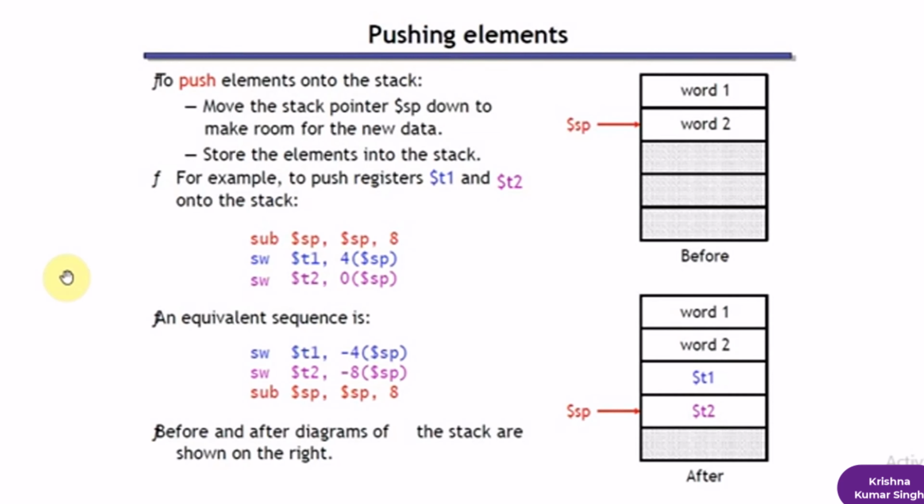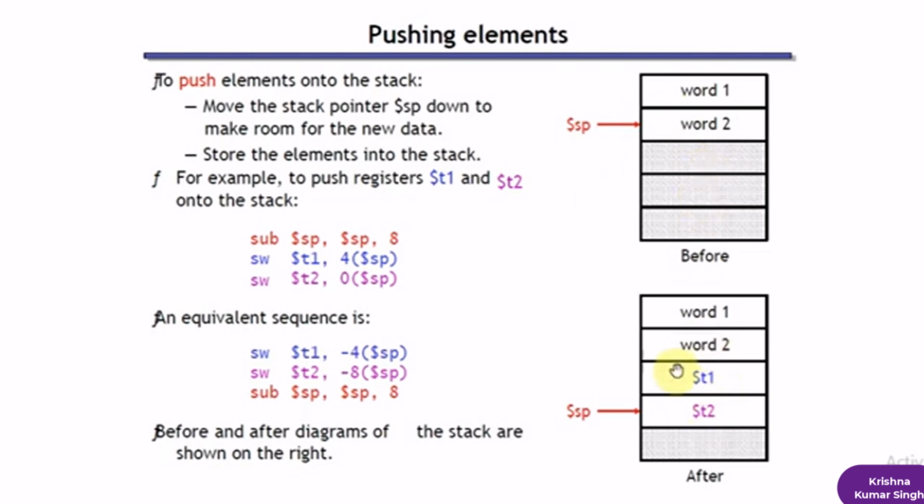To implement the push method of a stack, we should move the stack pointer down to make room for the new data and store the element into the stack. Assume that we want to store the content of registers $t1 and $t2 inside the stack. So this is the initial version of the stack before we push something.